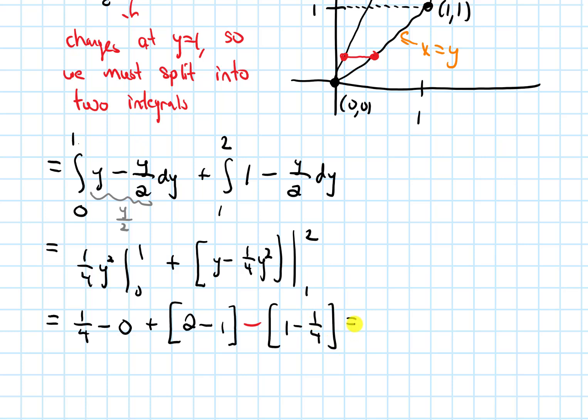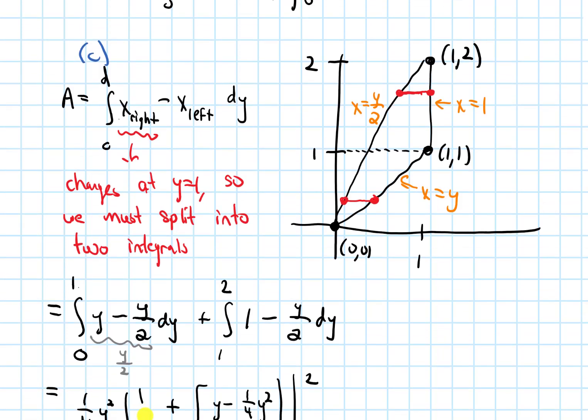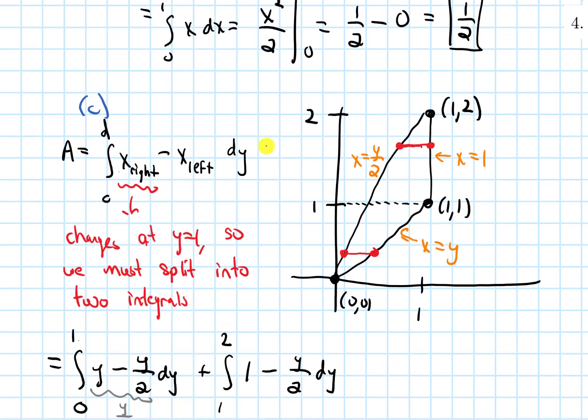And if we simplify this, we end up getting 1/4, and then this thing in the parentheses becomes 1, and then we get minus 1 minus 1/4 is 3/4. So we'll get 1 minus 2 over 4, which is 1/2. So we get the same answer using a dy integral. Just the dy integral was tougher because I had to split up my region into 2 pieces.